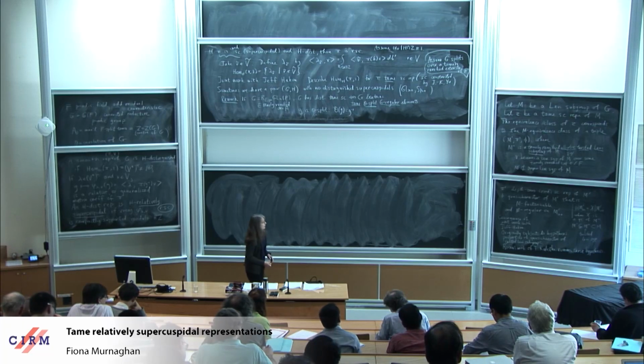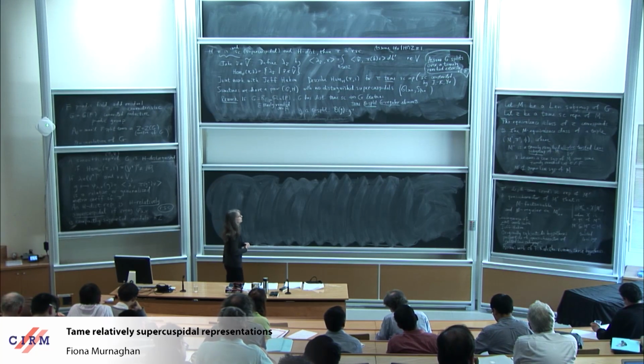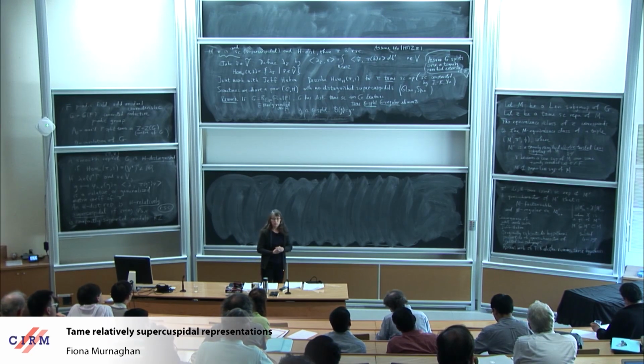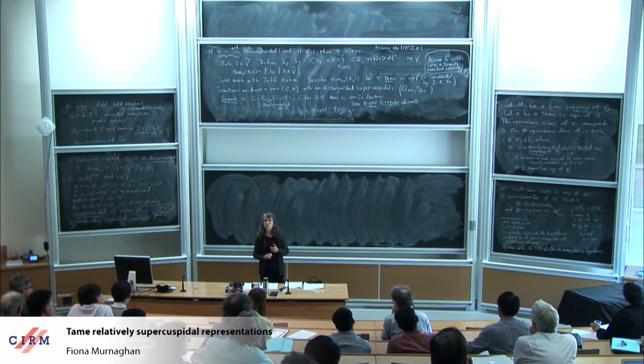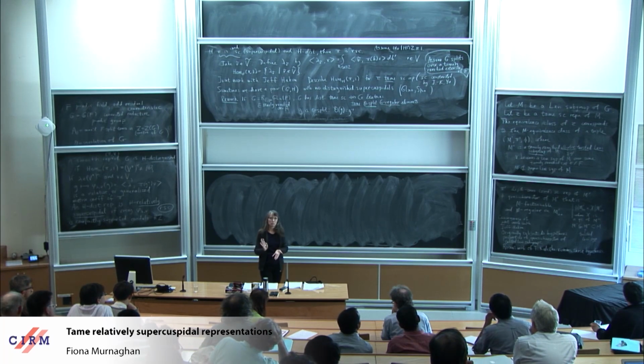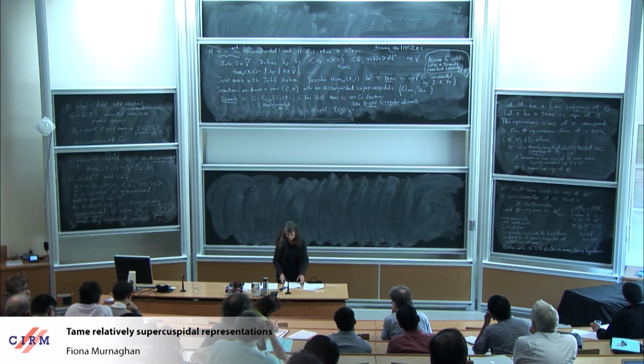Okay, so the idea is to choose particular Levi subgroups and then choose some particular tame supercuspidals on those Levi subgroups and impose some conditions which will guarantee that when we do parabolic induction, we produce some relative supercuspidals. I'm going to try to describe how that works.